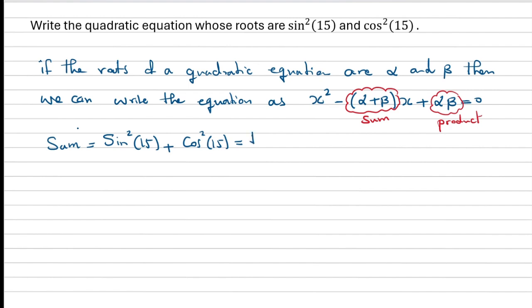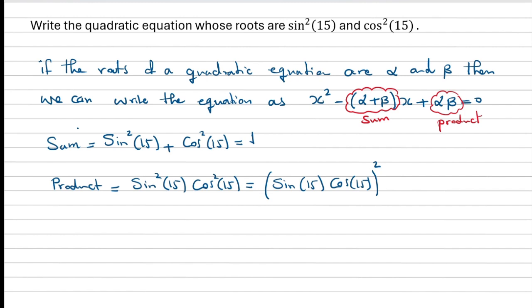And the product of the roots is sine squared of 15 times cos squared of 15, which we can write as sine of 15 times cos of 15, then all of it squared.